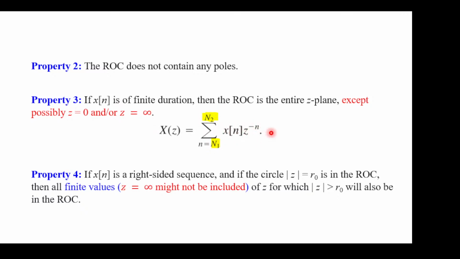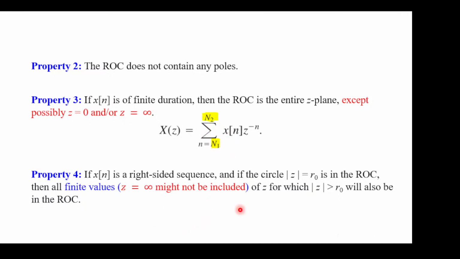If you have negative n terms, that means z to the positive power, then z equals infinity will not converge. And if you have z to the negative power, then z equals 0 will not converge. So we need to look at n1 and n2 to see where 0 and infinity are in your ROC.